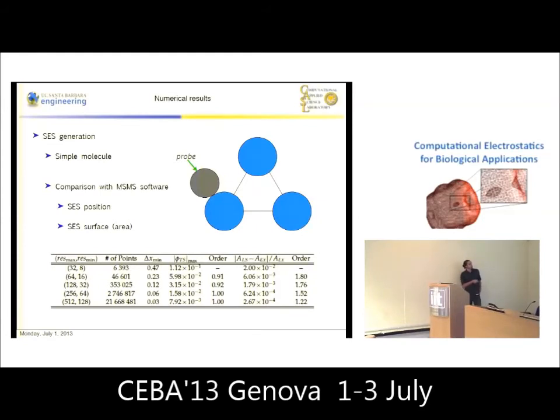Sorry, we just compute the surface, and we compare the surface position and area with the one given by the MS software. And here are the results. Both the position of the SES and its surface seem to be pretty accurate.